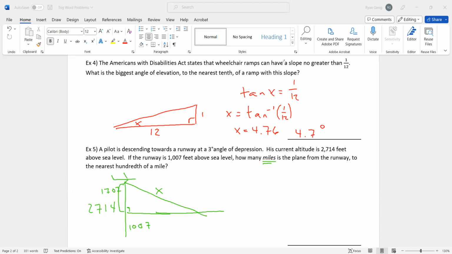It's a 3-degree angle of depression. Again, you do not want to put the 3 here. That's bad. Don't do that. Horizontal line. This is 3 degrees, which means this is 3 degrees. So I have opposite and hypotenuse. This is sine of 3 equals 1,707 divided by x.